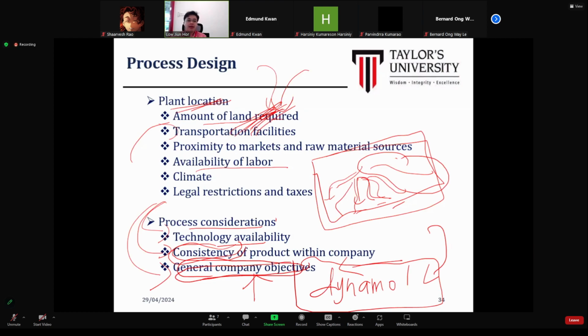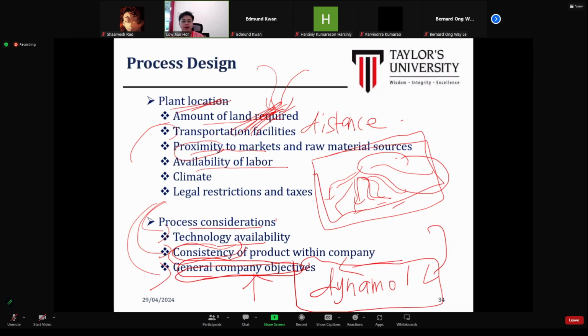Besides that, under the plant location, we can also consider the proximity to market. Proximity here means the distance. So based on the product you are going to produce, of course you have some targeted or expected market.